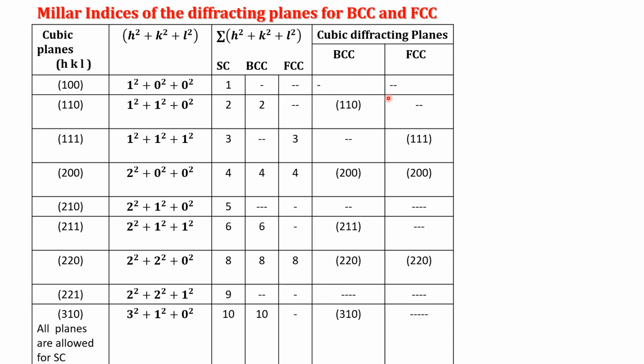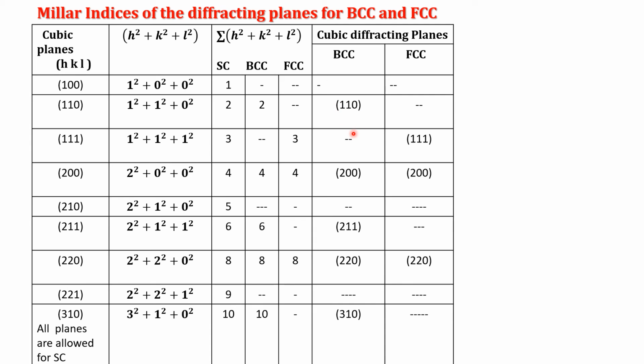But for the other systems, BCC and FCC, as we discussed earlier, some are missing and some are allowed. Now, which are missing? For BCC, the allowed ones have even values of h plus k plus l.